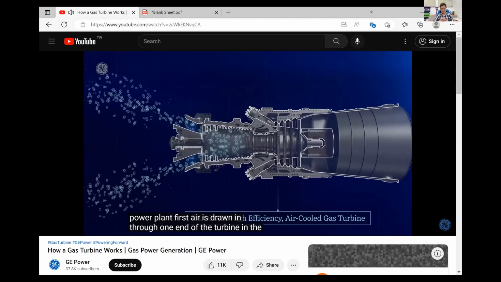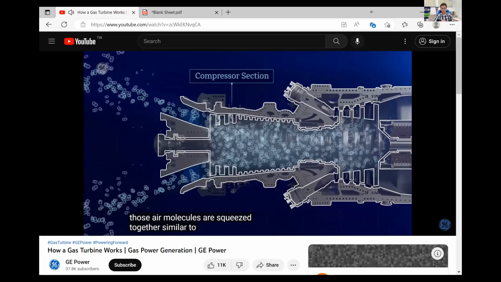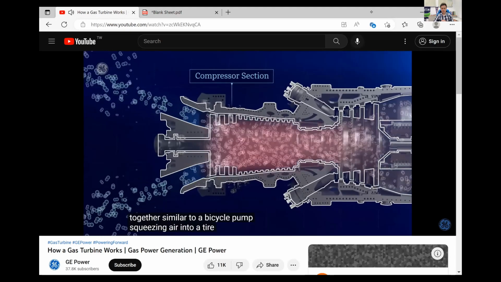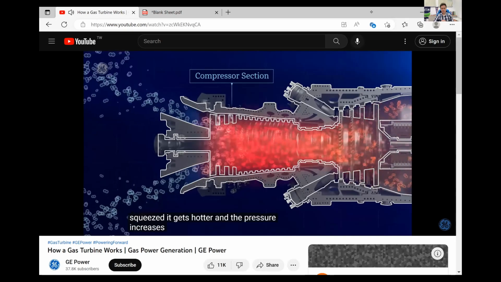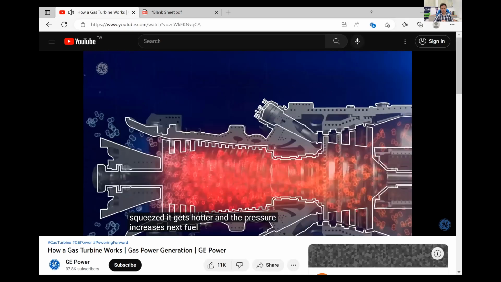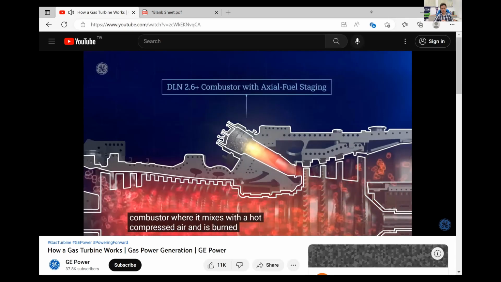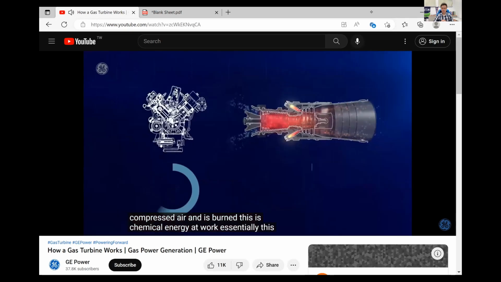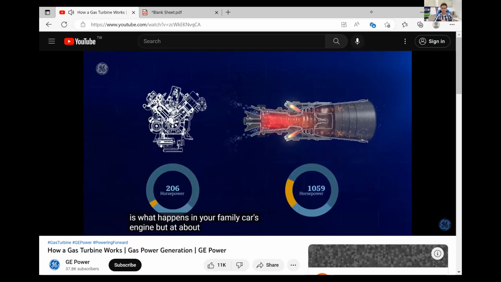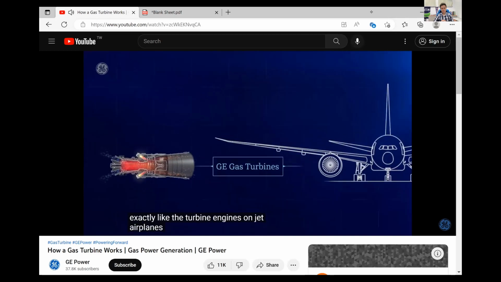Then the compressor section of the turbine This is a compression process. Squeezed together, similar to a bicycle pump squeezing air into a tire. As the air is squeezed, it gets hotter and the pressure increases. Next, fuel is injected into the combustor where it mixes with the hot compressed air and is burned. This is a combustion process. Essentially, this is what happens in your family car's engine, but at about 2,900 times more horsepower. Actually, it's exactly like the turbine engines on jet airplanes.